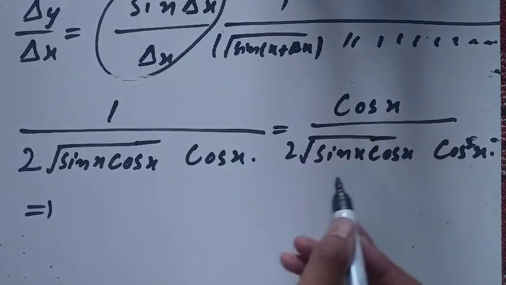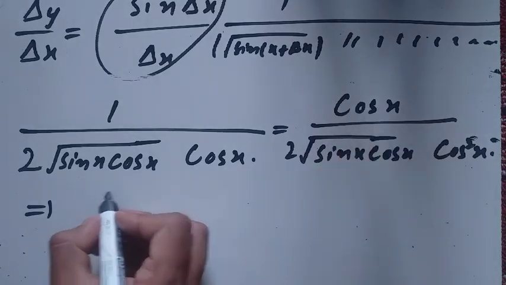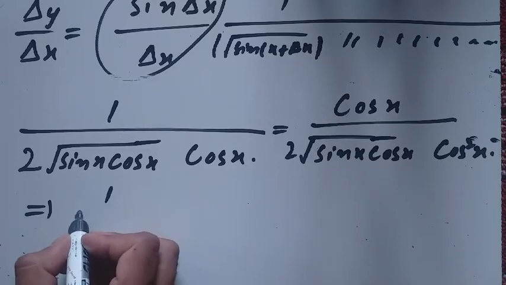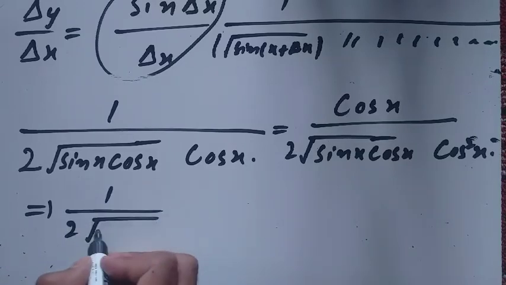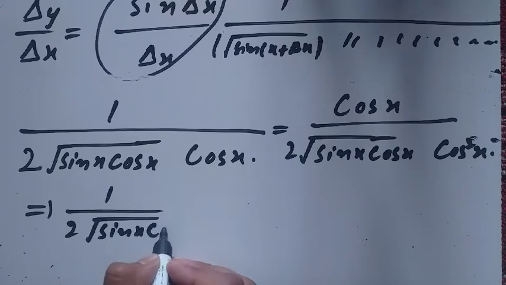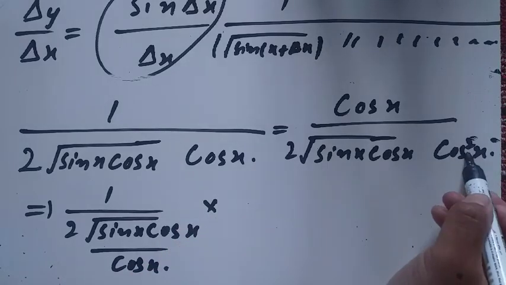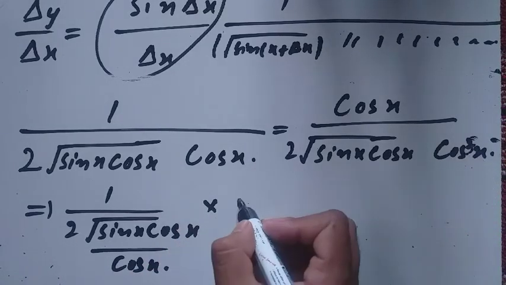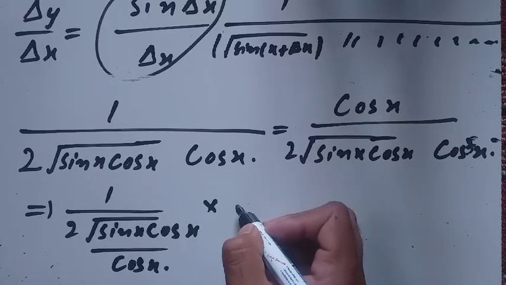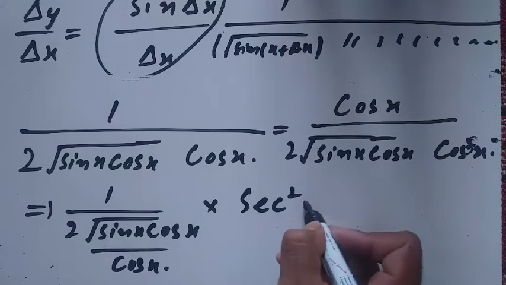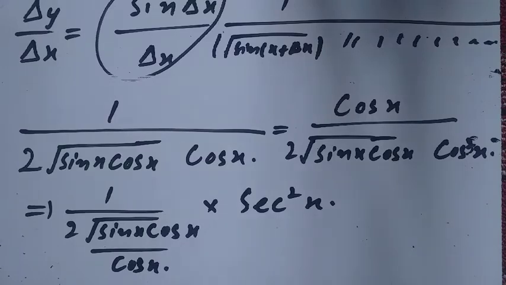If I reciprocal this, I can write this in the way, that is 1 divided by twice under root of sine x cos x divided by cos x. All right, and here we see this cos square x, we can reciprocal this, this becomes our sec square x. The reciprocal of cos square x is sec square x. Here this is without under root, and this is under root. This and this will cancel out.